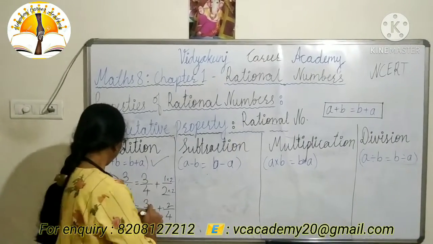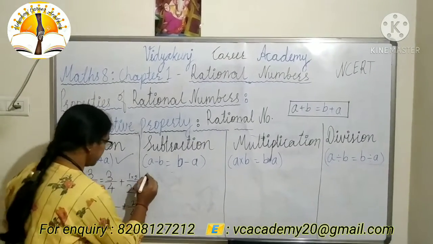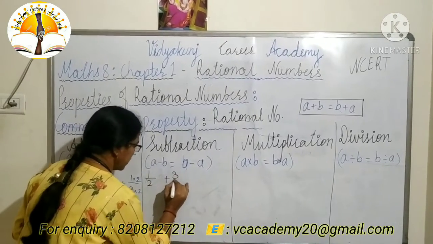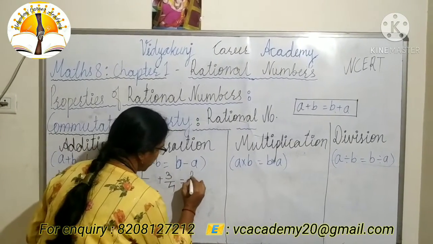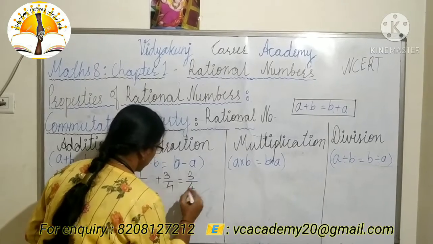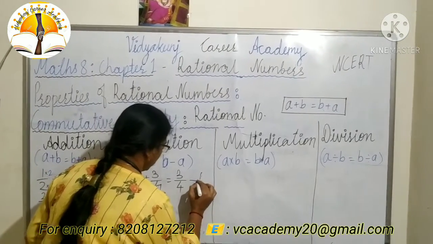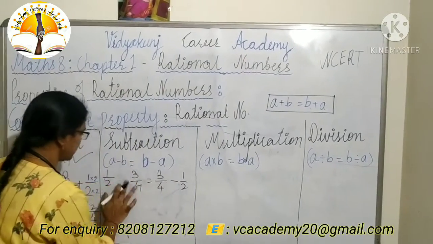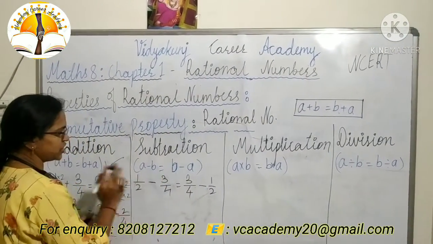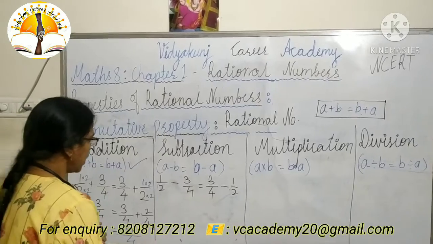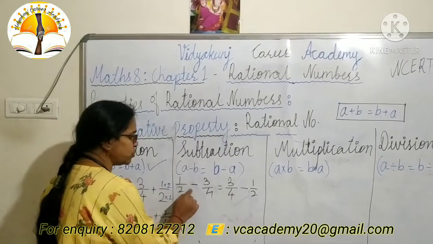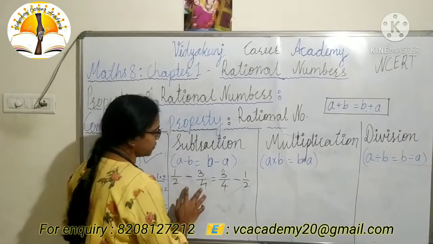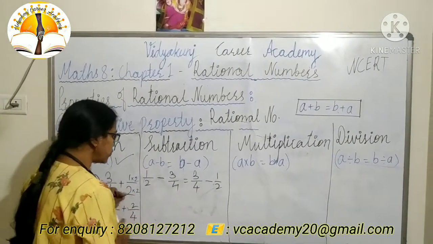Next, I will take these number only. Plus 3 by 4. I have to interchange its number, and 1 by 2. I am doing here operation. Which is operation? Minus. So that I have to do here subtraction. Now here also, if you are going to do addition or subtraction, you have to make denominator same.